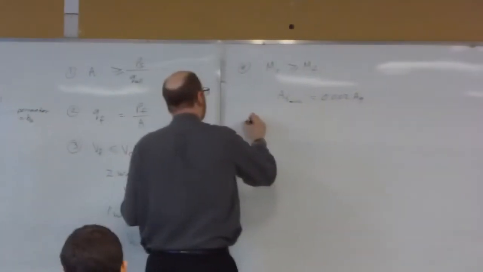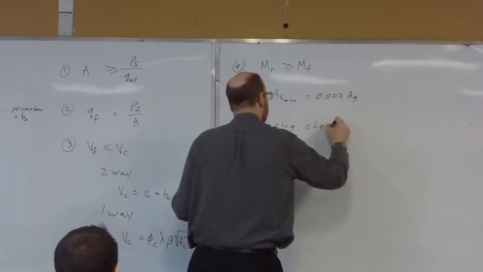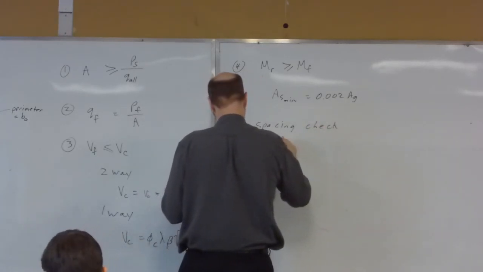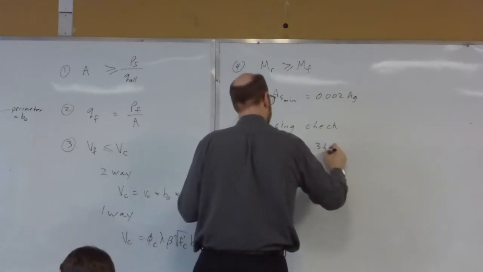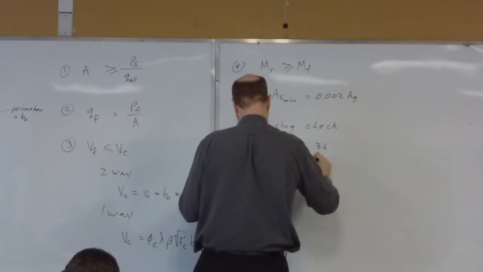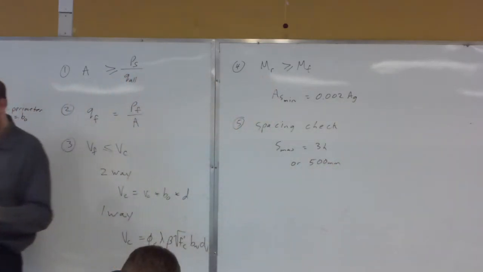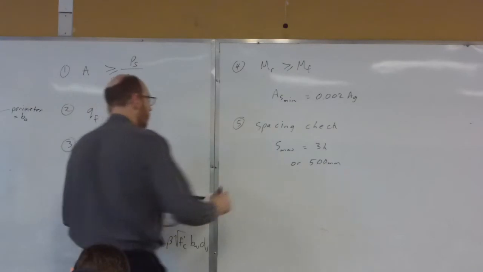Next we do a spacing check. Same as what we were looking at for slabs, we have an S max value. We want to check that our rho is less than rho balanced.